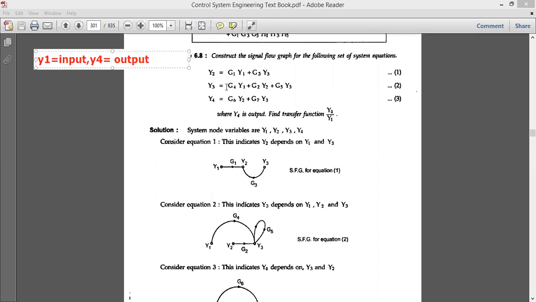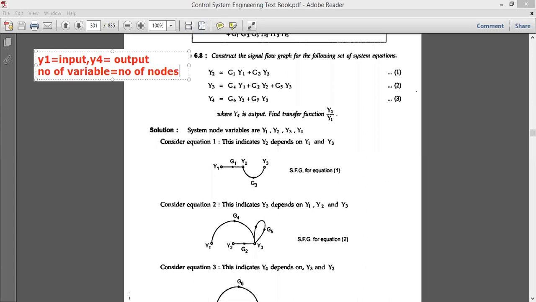Out of these three system functions, you need to identify the number of variables. The number of variables will give you the number of nodes. So the number of variables is equal to the number of nodes of the signal flow graph.